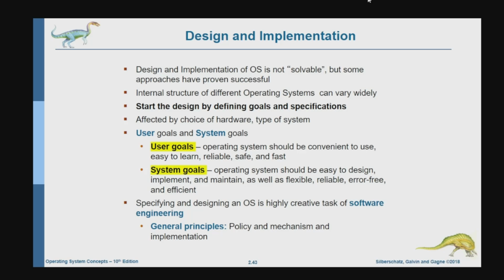Whatever we feel good about refers to the user's goals. The operating system should be convenient to use: usability, easy to use, easy to understand, easy to learn, safe and fast.